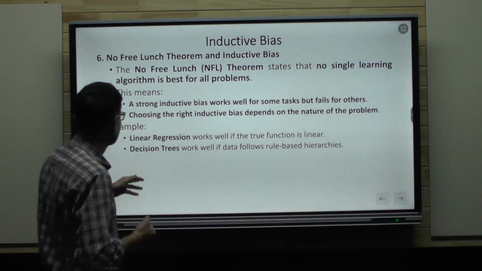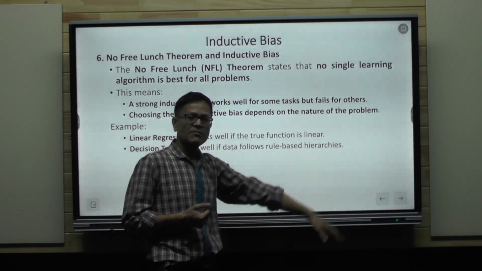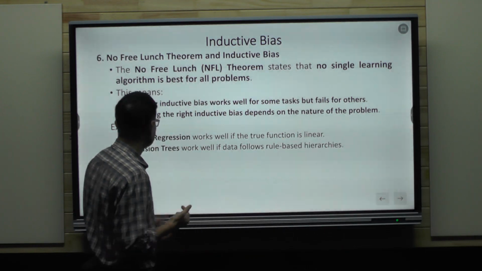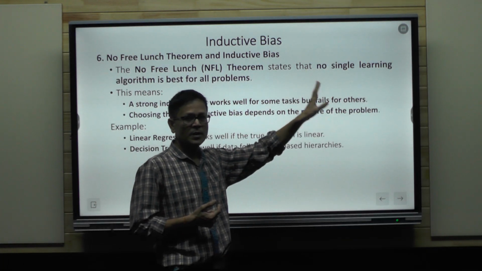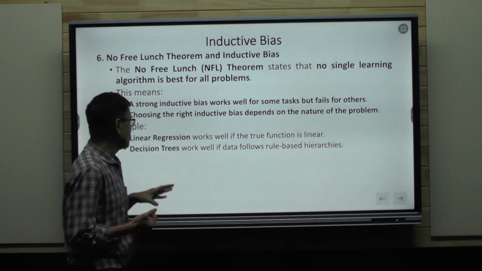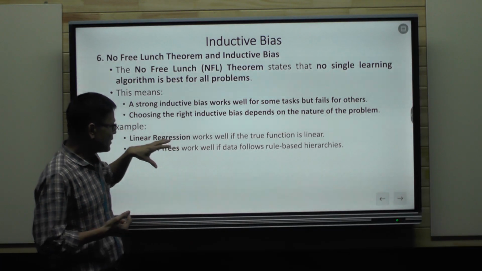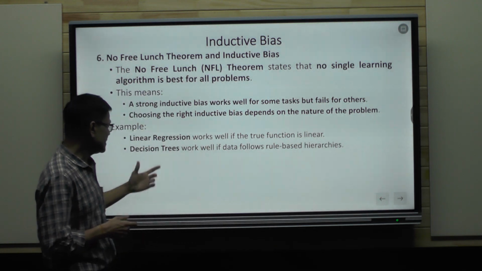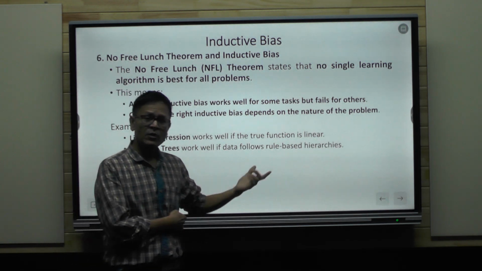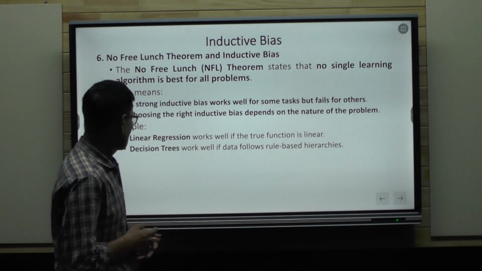So a strong inductive bias works well for some tasks but fails for others. Choosing the right inductive bias depends on the features of the problem. For example, linear regression works well if the true function is linear. Decision trees work well if we have rule based or hierarchical structures.